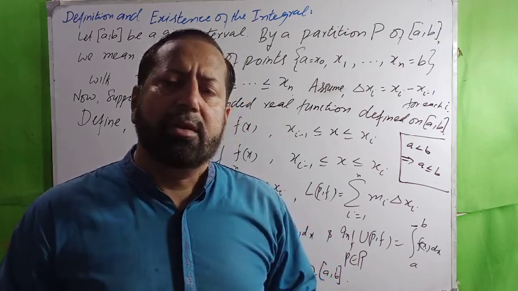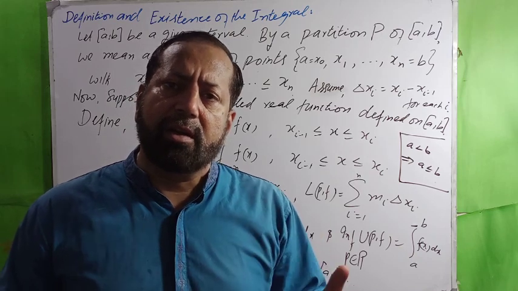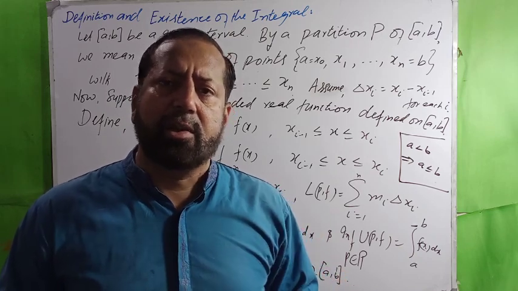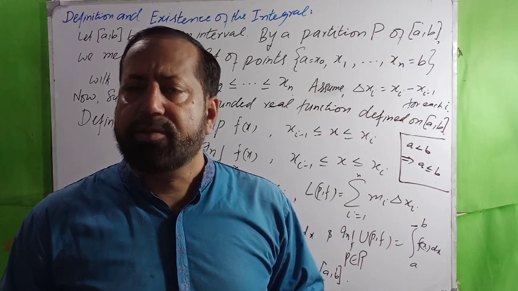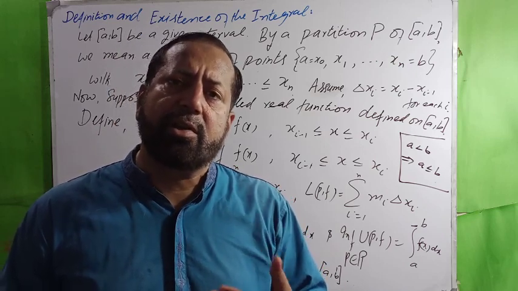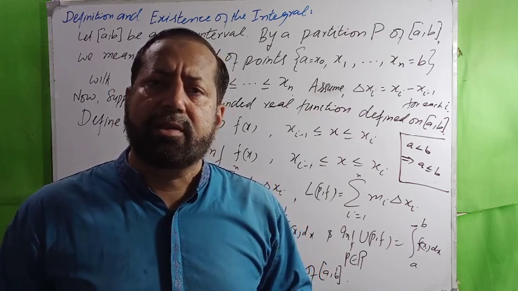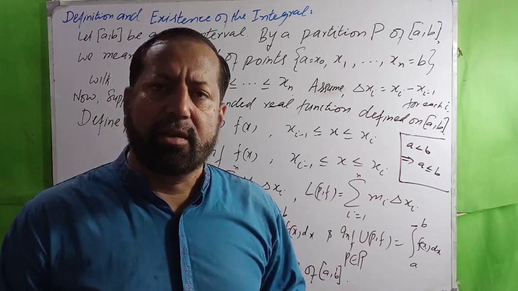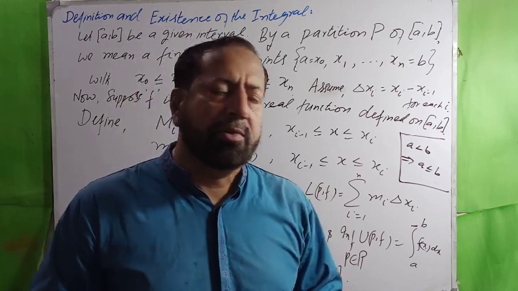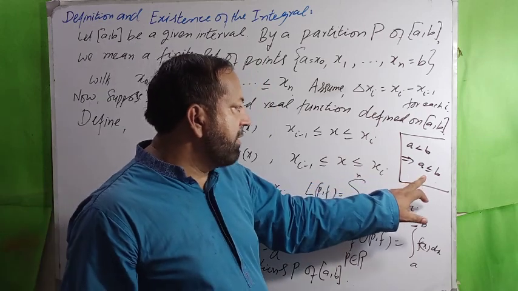So if x is less than y, then you can write x less than or equal to y, but the converse is not true. If x is less than or equal to y, you cannot say exactly that x is less than y or x is equal to y. That's why this is the more general way.